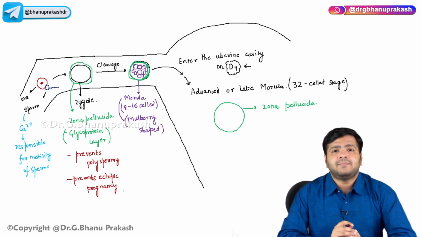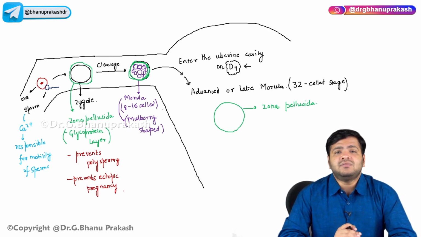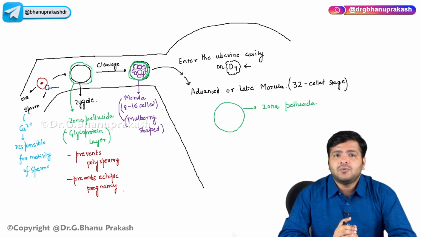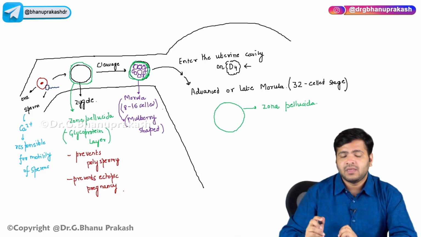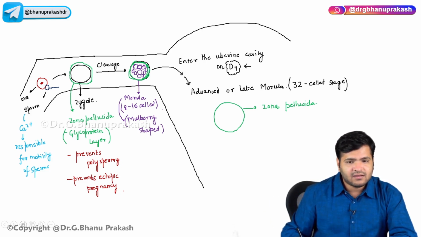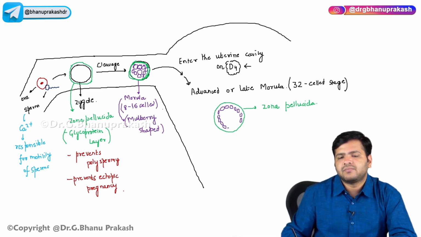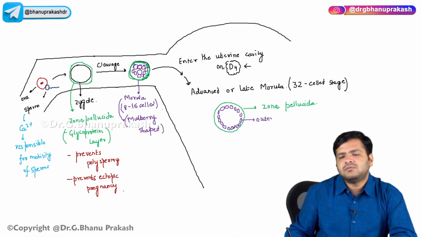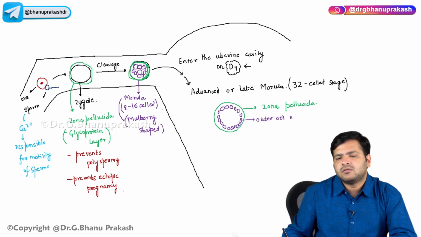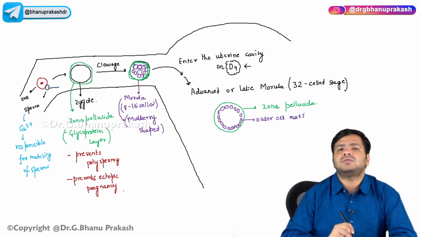Now, what will happen? In these 32 cells, the 32 cell stage, some cells will occupy the periphery, and this is called the outer cell mass.